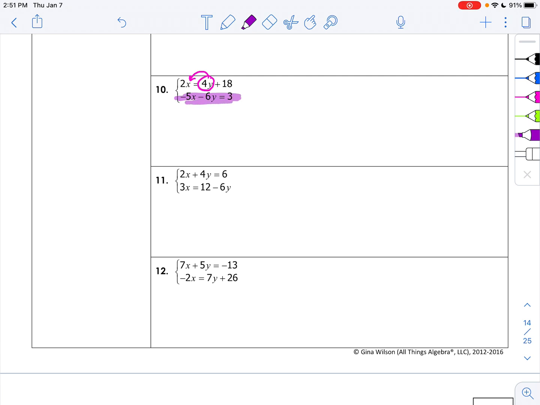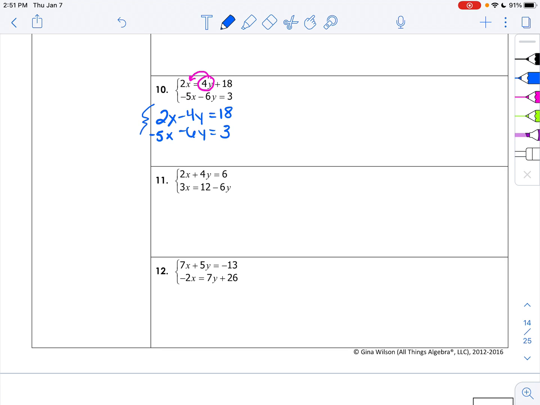So in my top equation, I need both my x and y terms to be on the left side. So if I move that over, the 2x stays on the left. If I move the 4y over, it becomes negative because it crosses that equal sign. And then the 18 stays on the right, so it's going to stay a positive 18. I didn't change the second one, so I'm going to bring it down.